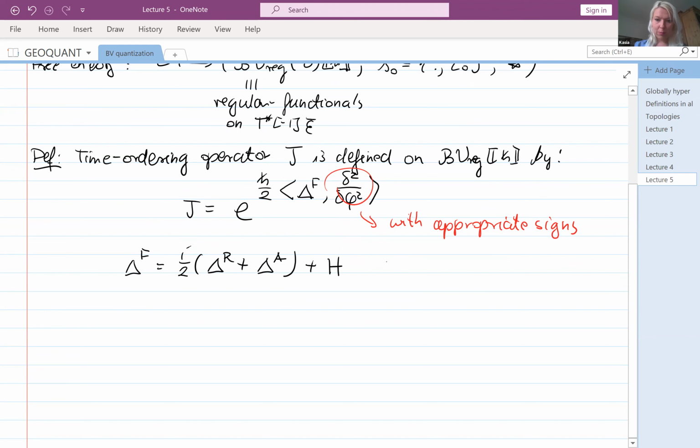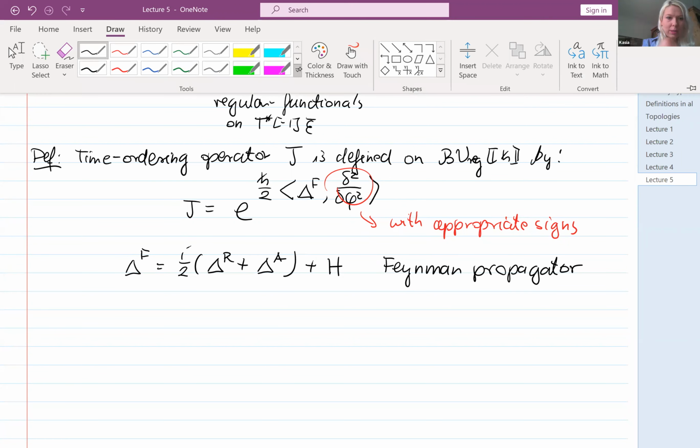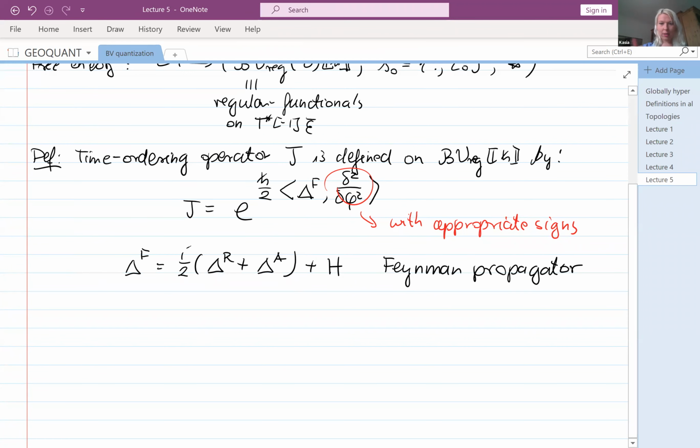So this is the Feynman propagator. And note that I'm doing things on general globally hyperbolic spacetimes. So if I was on Minkowski, this would be the Feynman propagator from your physics textbooks, if you have some on your shelf.